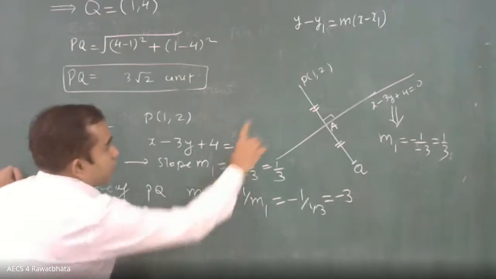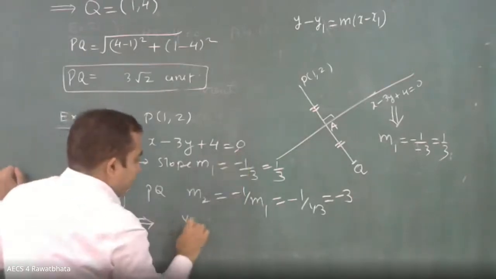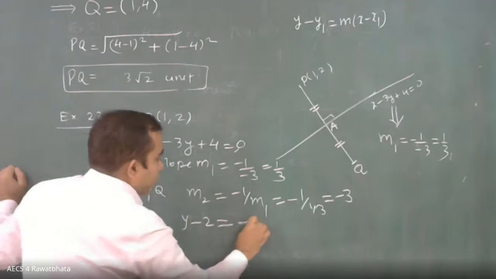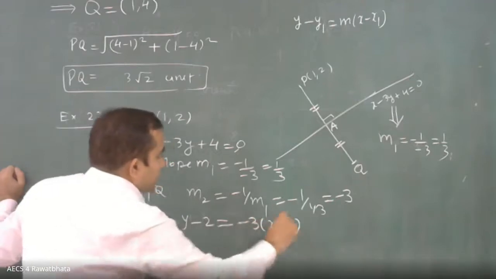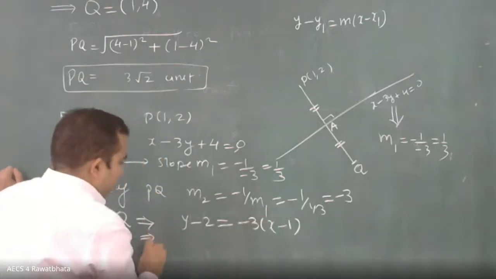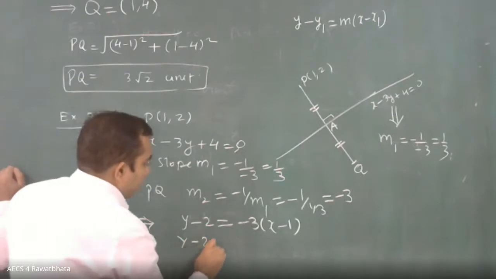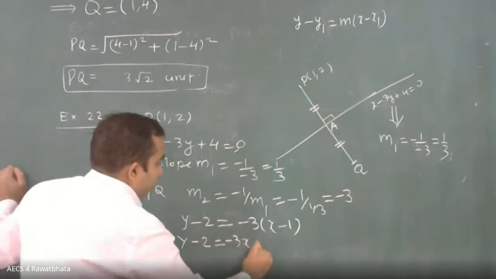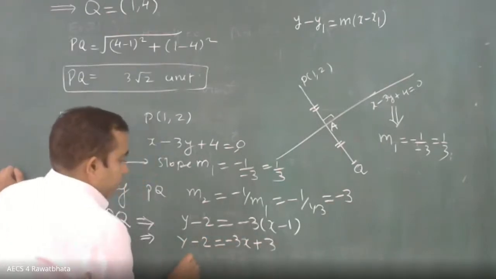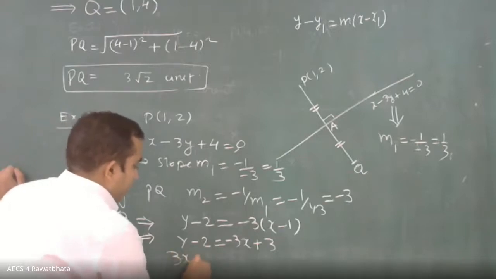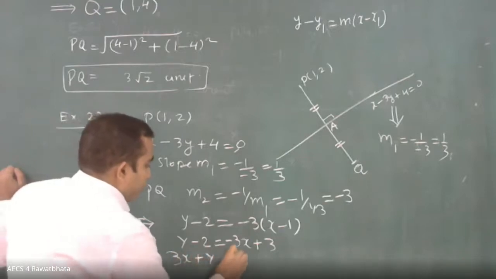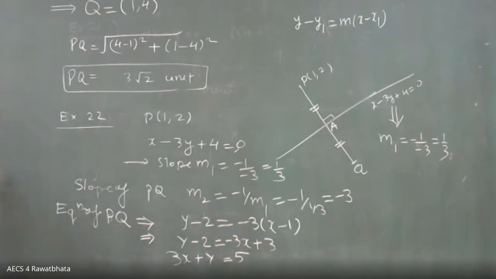The equation of PQ will be y minus 2 equal to -3 into (x minus 1). With a little simplification, y minus 2 equals -3x plus 3, and this will become 3x plus y equals 5.